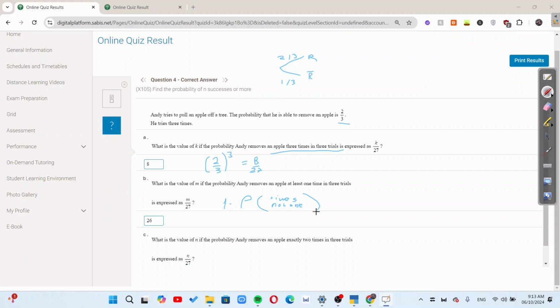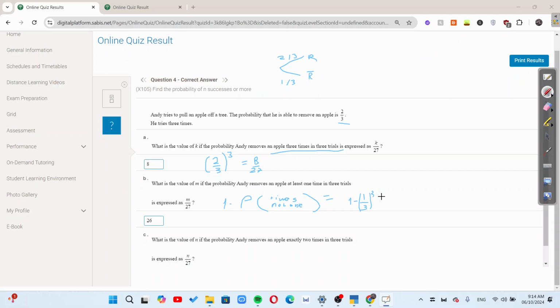Okay, so now let's do our thing. So it's equal to 1 minus 1/3 to the power 3, because you're gonna calculate it by the probability of how many times he's not able to do it.